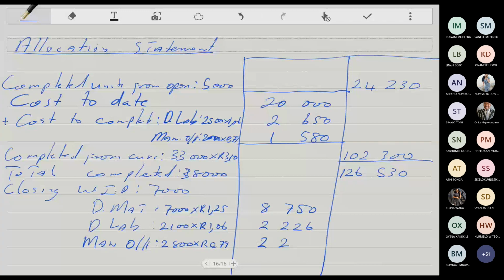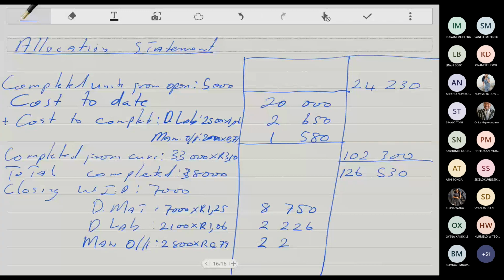Ideally, it was supposed to be 140,000, but let's see what figure we have. 126,530. So you see that it gives us 139,718. So once again, it's because of the rounding off that we're keeping on doing on the cost per unit calculation.